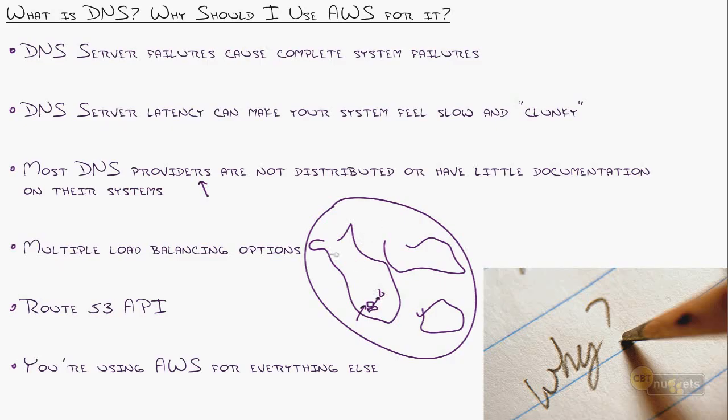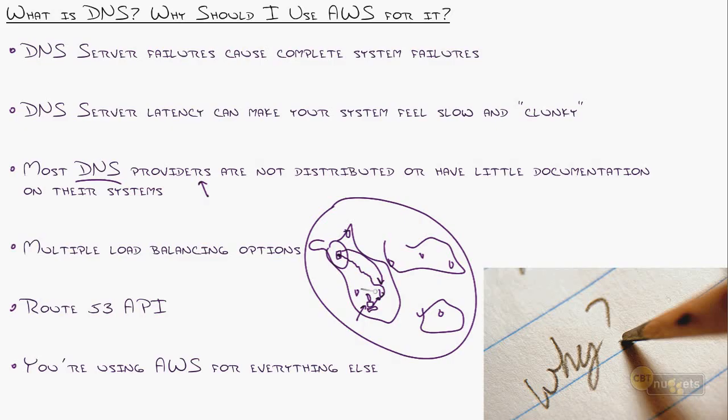And if you're using a DNS hosting provider that has a little server up here, well, they have to travel all the way up here to New Mexico to get a response back to say, oh, this is the IP address. So many DNS providers aren't distributed, meaning they don't have DNS servers all over the place, whereas Amazon does, and they fully document where they are.